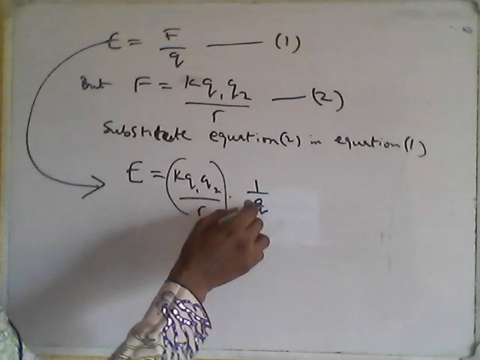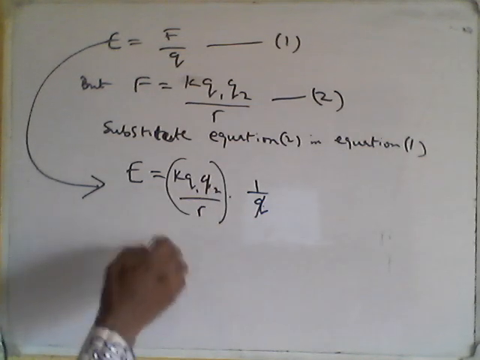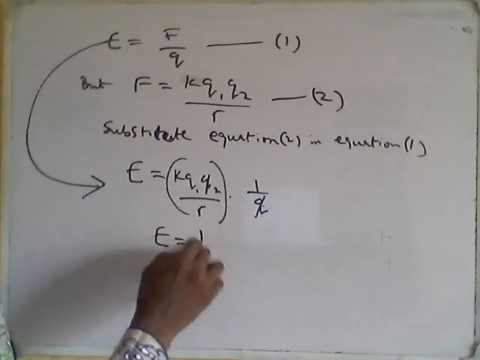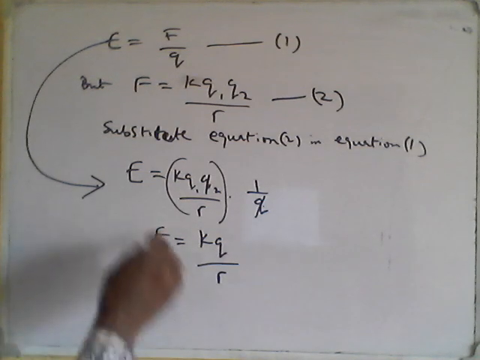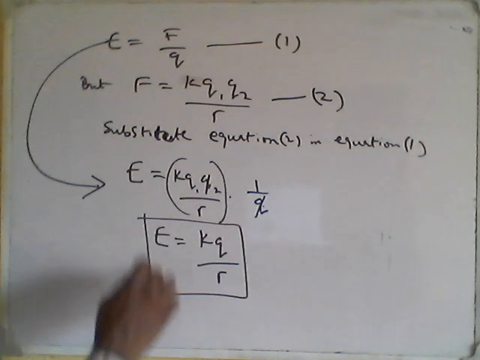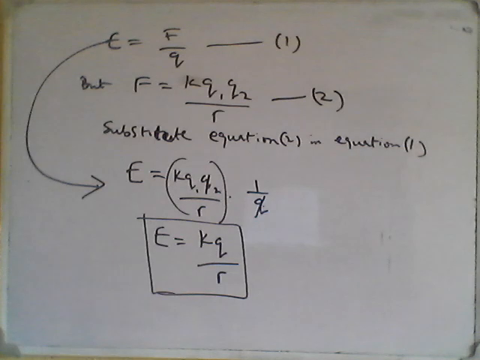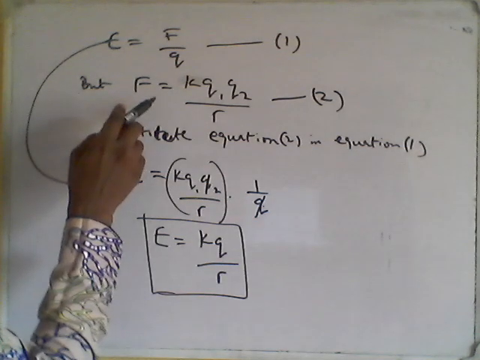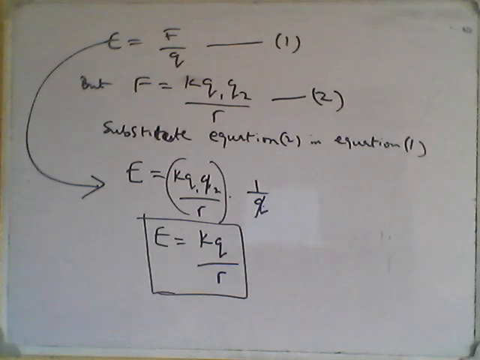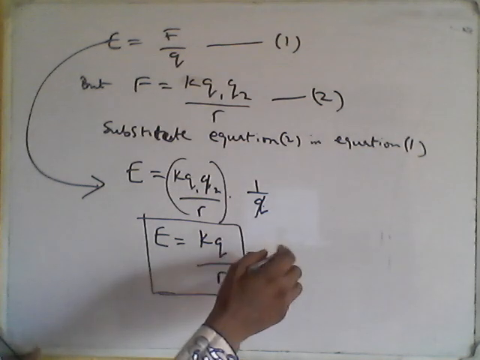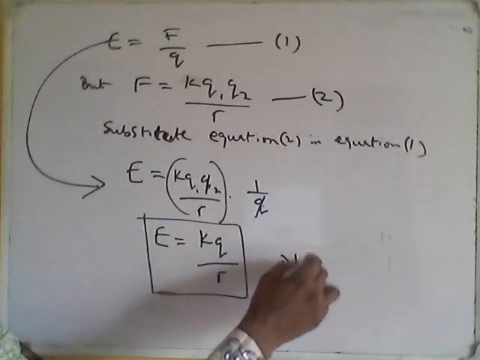So this charge can cancel one of the charges here. So I have E equals KQ over R squared. This is the relationship between electric field intensity and Coulomb's law. And like I said, this is measured in Newton per Coulomb.